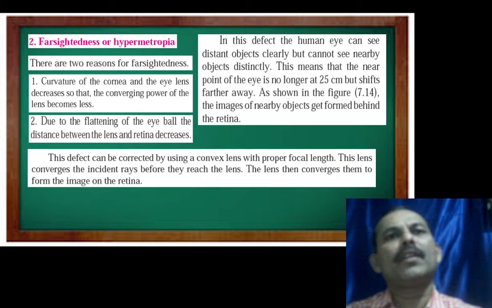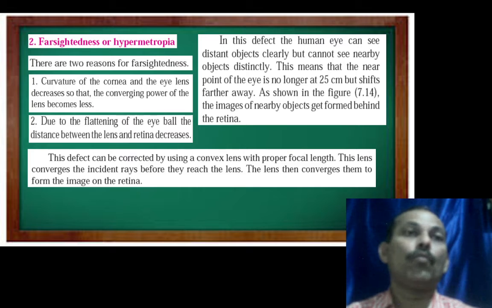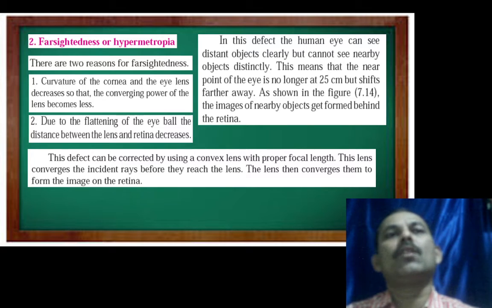This defect can be corrected by using a convex lens with proper focal length. This lens converges the incident rays before they reach the eye lens. The lens then converges them to form the image on the retina.